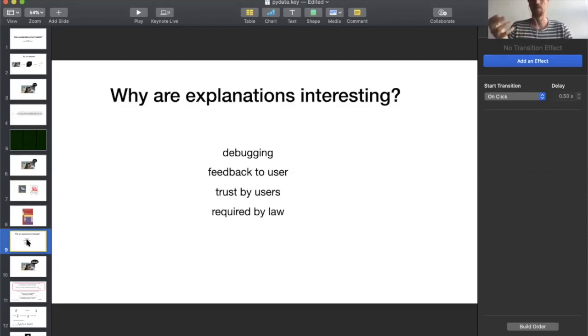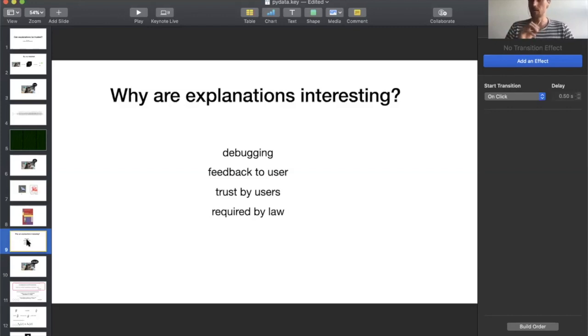For example, it would be great to get back some kind of feedback where you get told, well, maybe you should make more money, your salary is not high enough, or something like that. And by providing these kinds of feedback, you can hope that you increase the trust of the users in your bank and in your algorithm, because it makes the whole decision process more transparent.